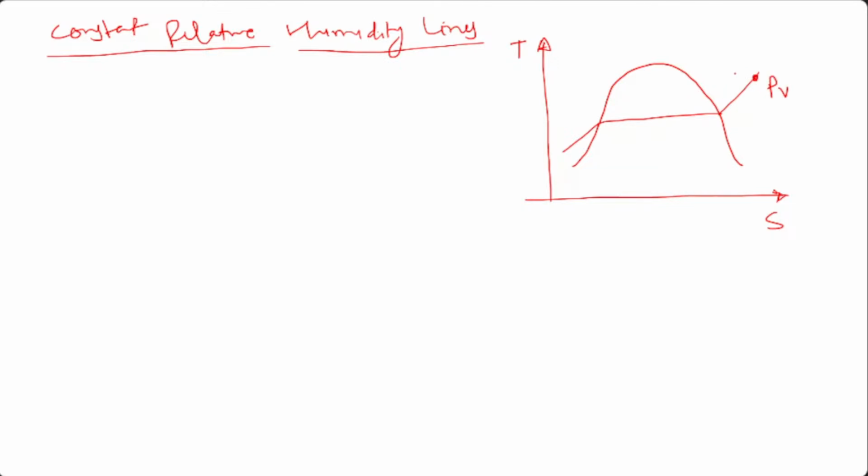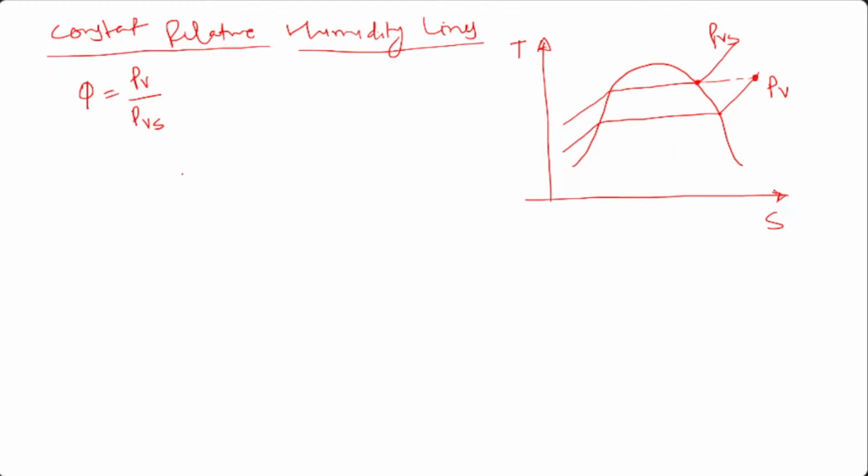At the same temperature, let's take this, and this is the PVS. So what is there? The phi equals PV over PVS. Okay, is it clear?